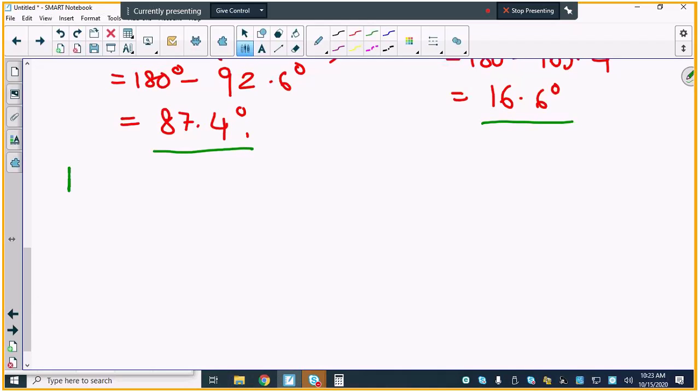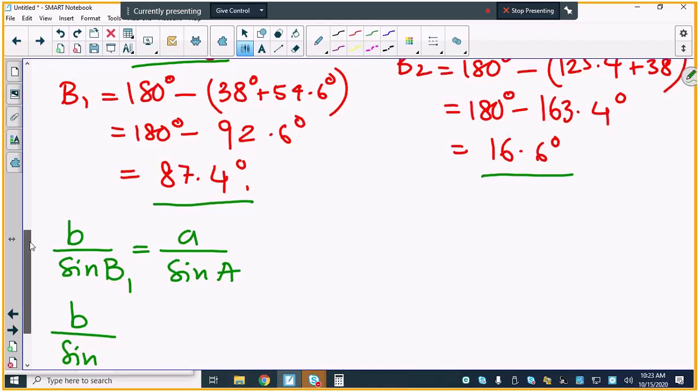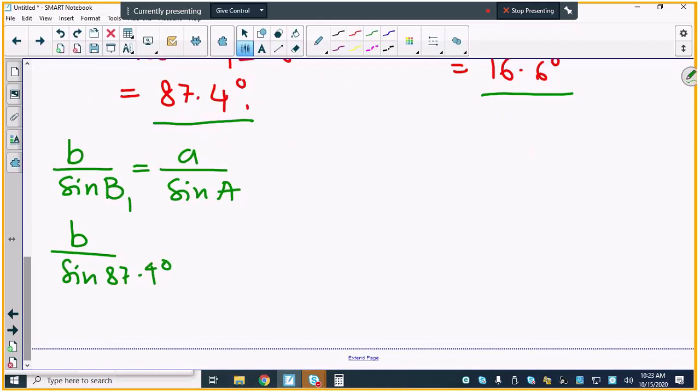Let's see. So side B over sine of B is equal to A over sine of A. That is the formula. I know all of these angles. And remember, sine B is going to have two different solutions. So B over sine B1, and we just found B1 is 87.4 degrees, is equal to A over sine A. You know the side A is given to us.